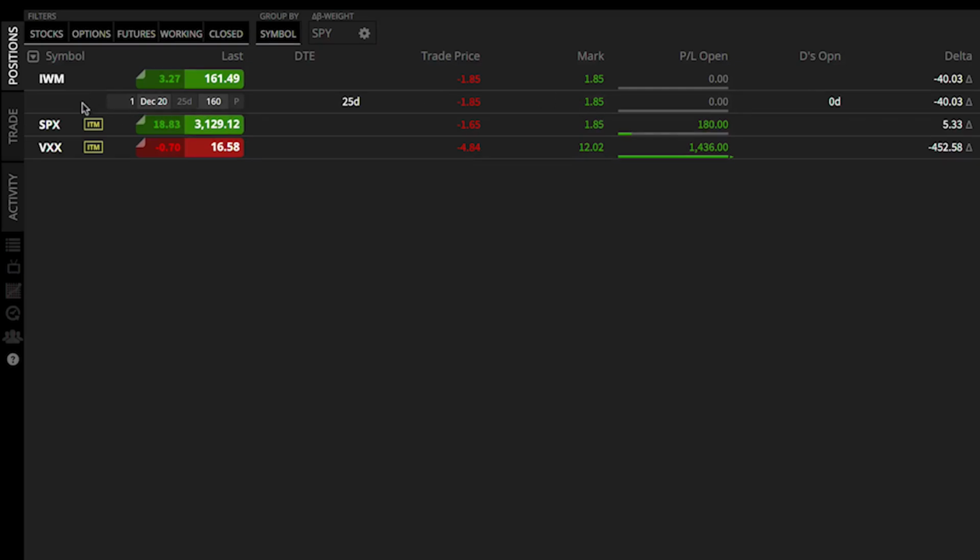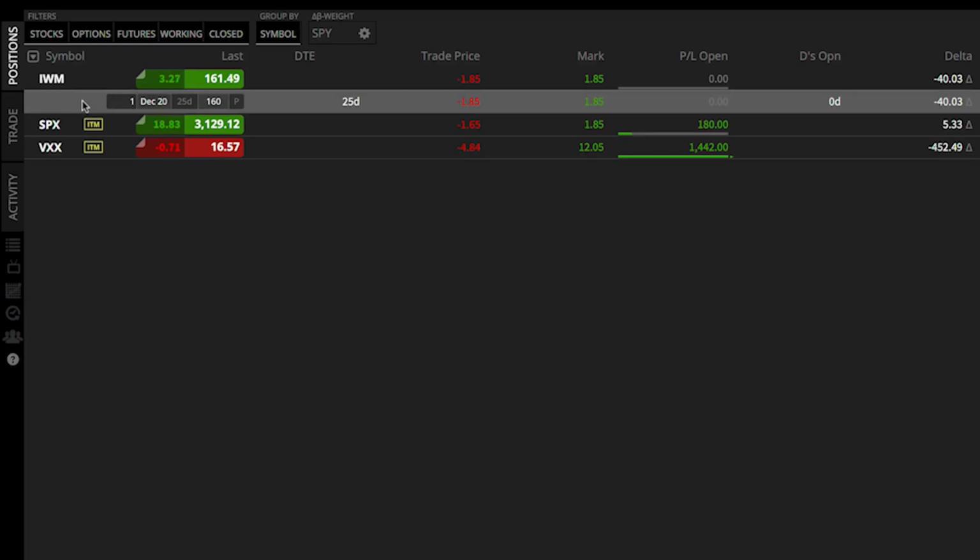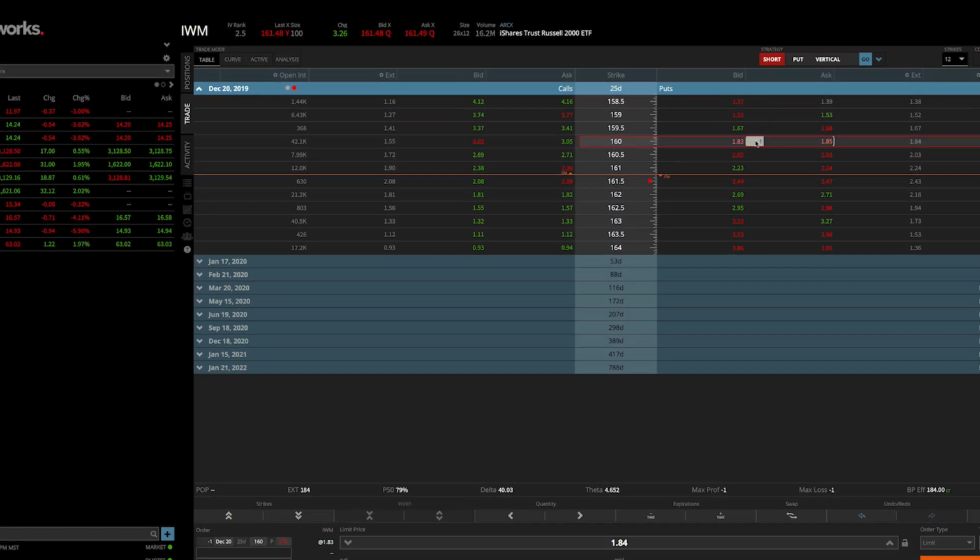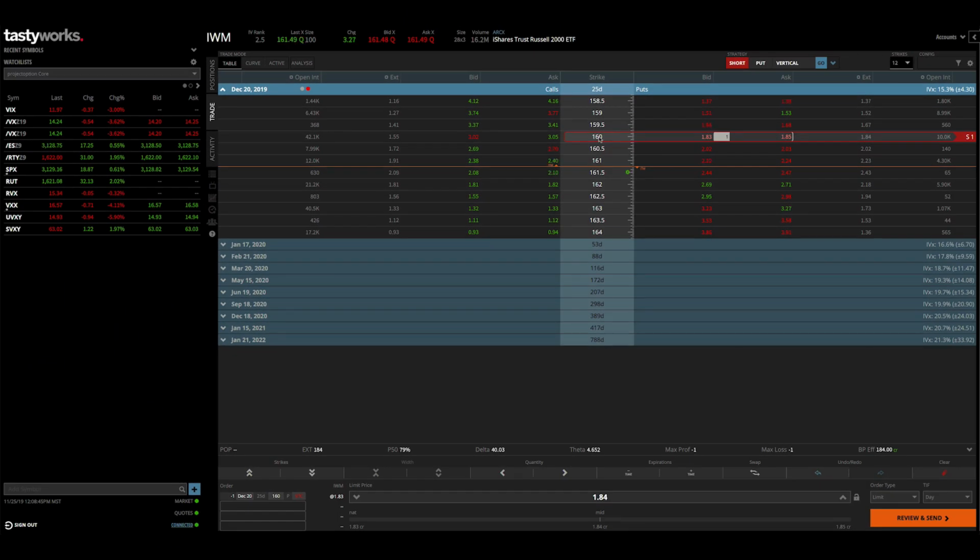So I'm going to go ahead and close this put option because I do not want to hold it, and I do that by clicking on it to highlight the contract. I right click, hit close position, and this will set up a sell order to sell this 160 put contract expiring in 25 days. If I already own one contract and I sell one contract, those two positions will offset, and I will have whatever profit or loss is the difference between my purchase price and sale price.